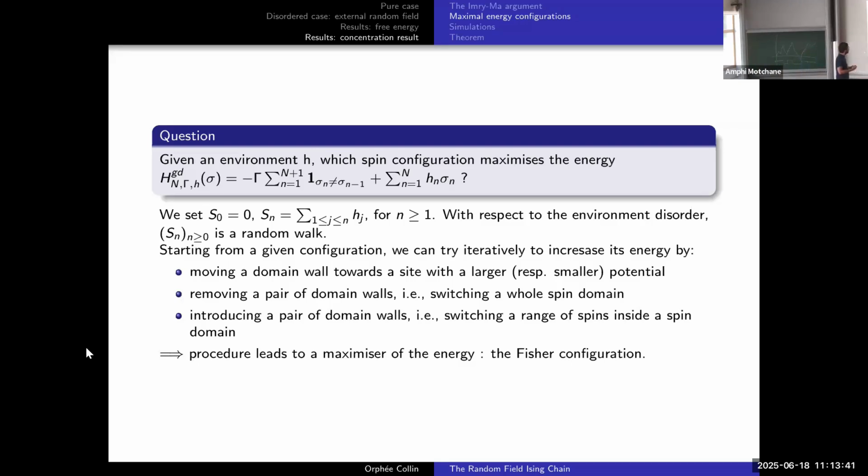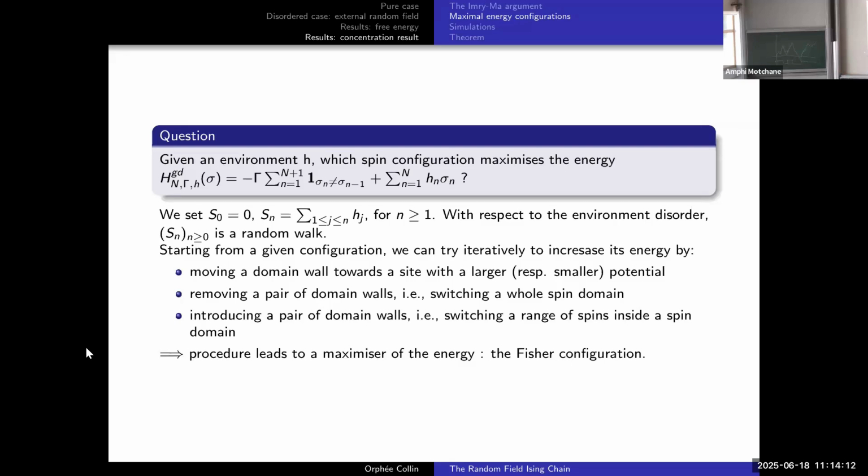And if you increase the energy as long as you can, you're going to end up in a configuration with maximal energy. In general, there is no unique maximizer. However, if you assume that the disorder law has no atom, for example, then the maximizer is unique.